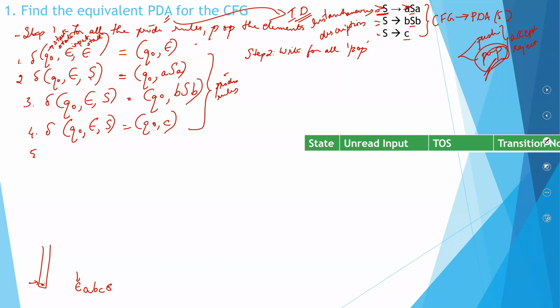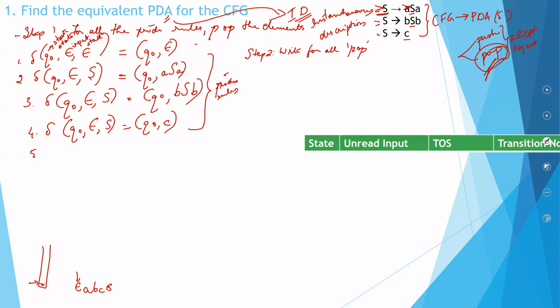Okay, so Q0. When you encounter an input A and the value in the stack is A, you will pop. As you all know, when you pop, you will write your instantaneous as epsilon. You will be going on to a new state called Q1.